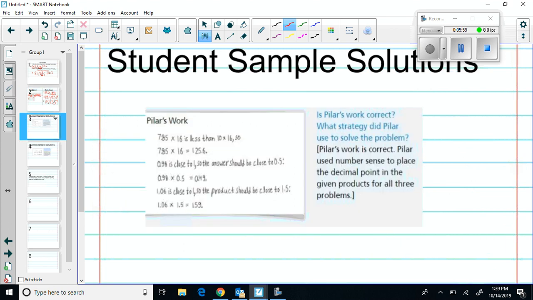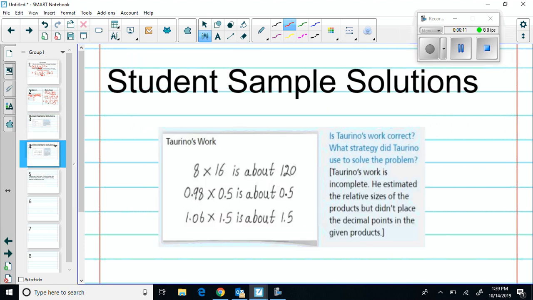If we look at Pilar's work, he basically estimated like I did and placed his decimal in the exact same points as I did. Turiano did 8 times 16, which is about 120. So he knew his answer needed to be between the 5 and the 6.